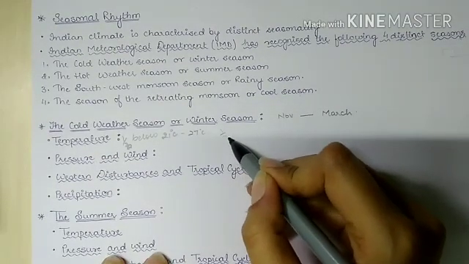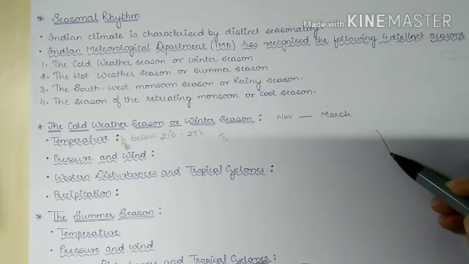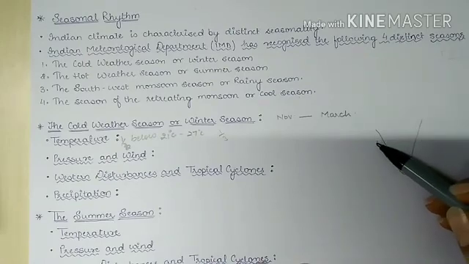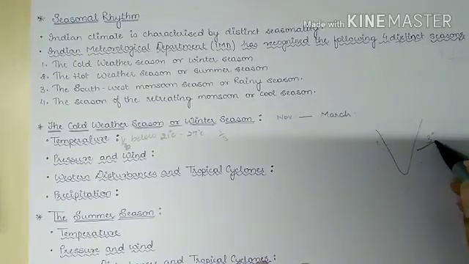But in the southern region, one third of the area has rather warm conditions, and they do not have a distinctively defined winter season. We have already studied that this is because of close proximity with the oceanic region, which moderates the temperature, so the variation in temperature is at most 3 degrees Celsius.